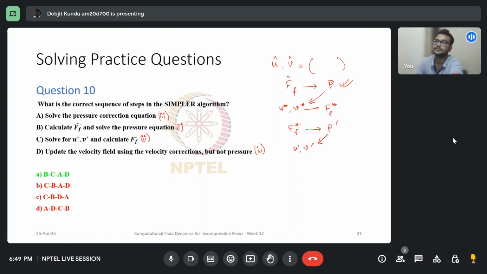It's not corrected like I mentioned earlier. So the correct sequence of steps would be B, C, A, D. That is option A, BCAD.